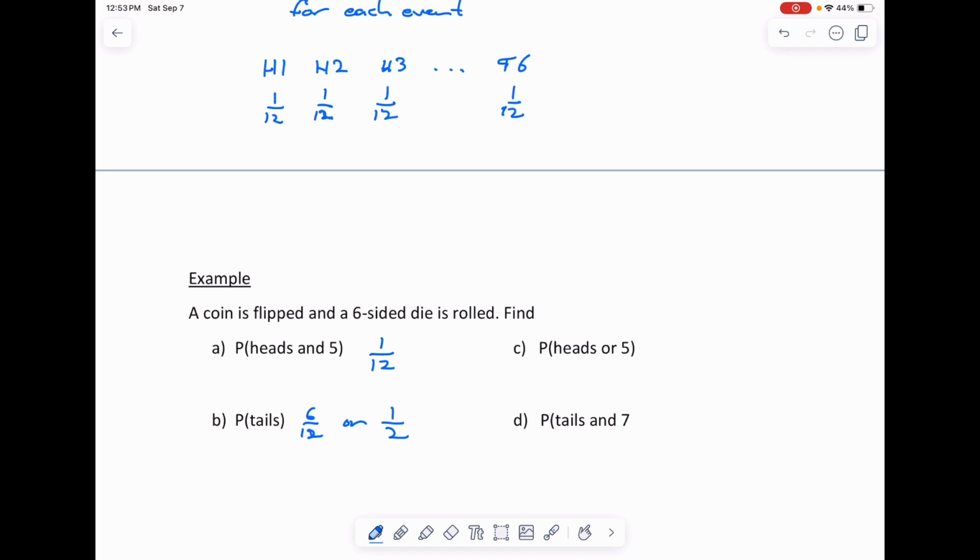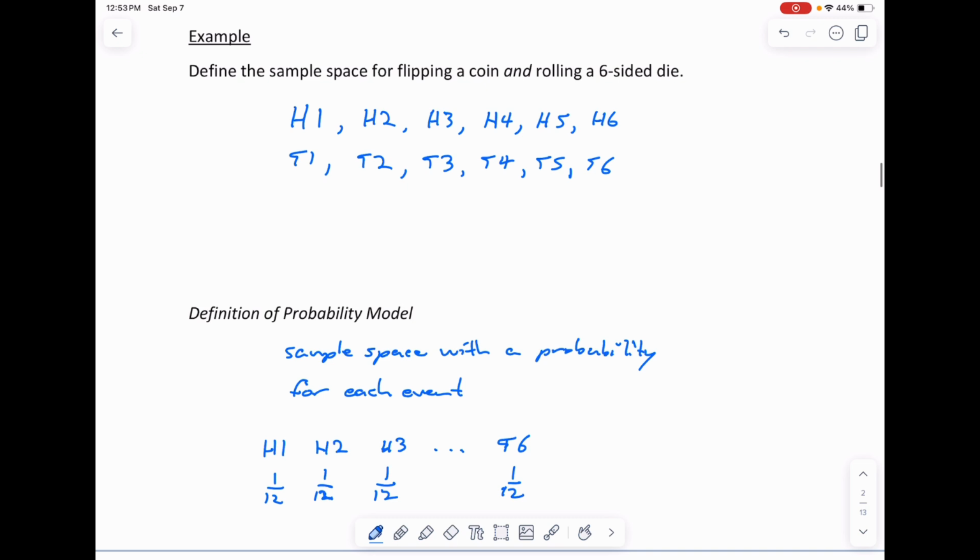Okay. Probability of heads or 5. Just be a little bit careful here. If I had written out all of the outcomes in the probability model, it'd be a little bit easier. I suppose I can go up to our sample space. I forgot I had that up there. So when I look at how many times I can get a head or a 5, there are 6 different ways of getting a head.